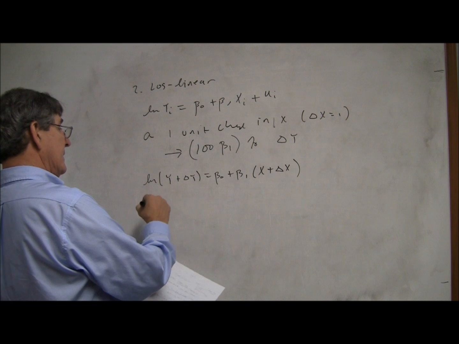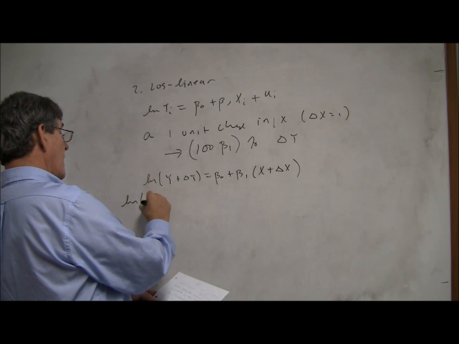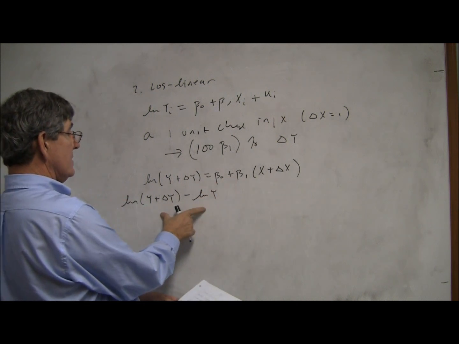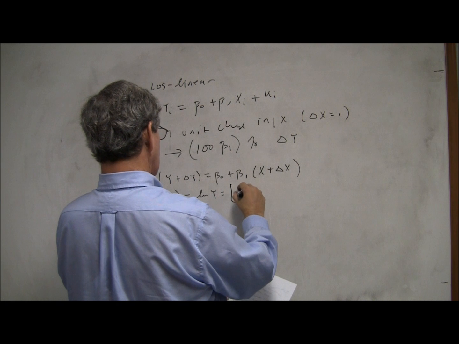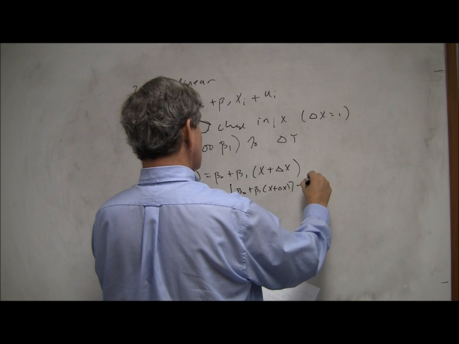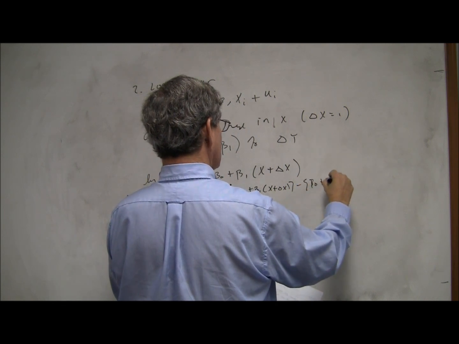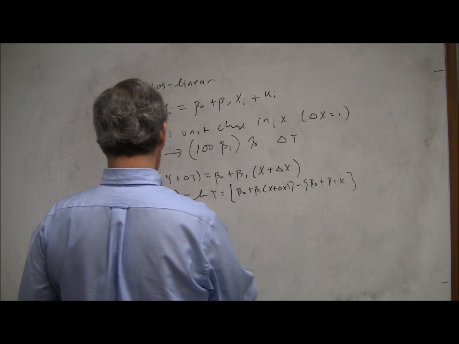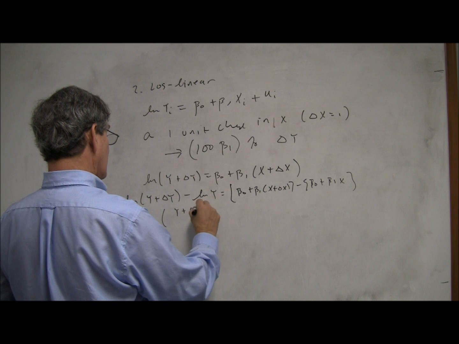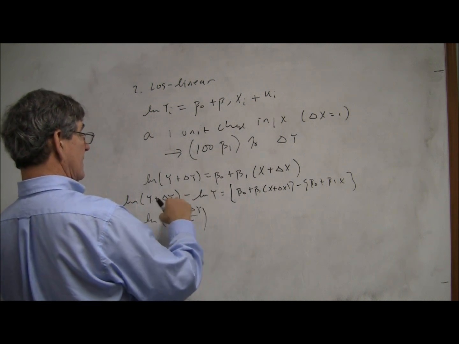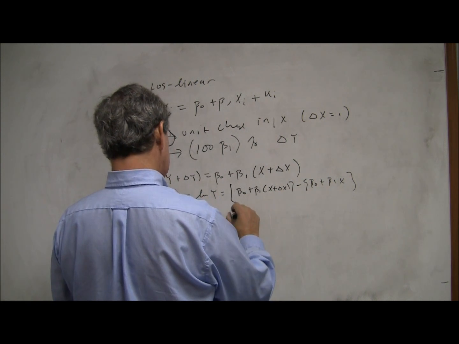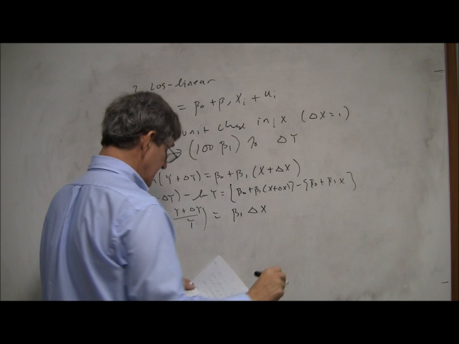In that case, then, the log of y plus delta y minus the log of y, that's the change, would be equal to beta naught plus beta 1 times x plus delta x minus beta naught plus beta 1 times x. So the log of y plus delta y over y, bringing that into there, the beta naughts cancel, beta 1 x's cancel, is beta 1 delta x.